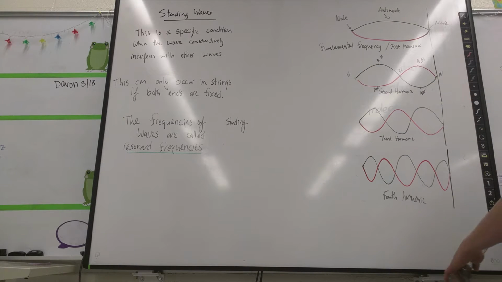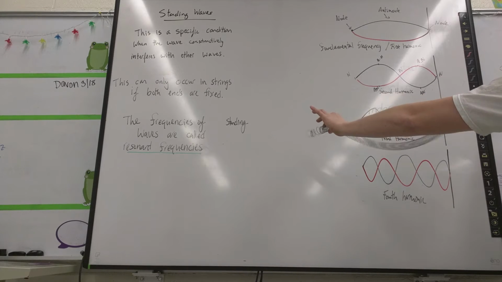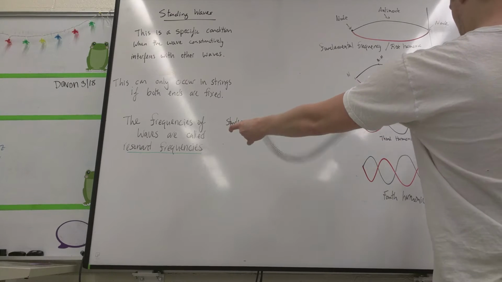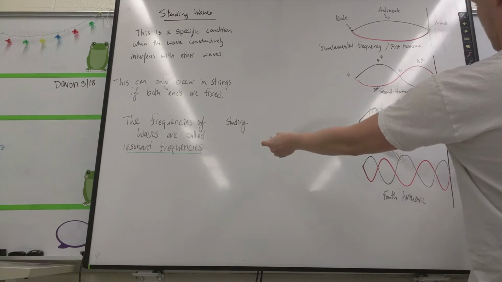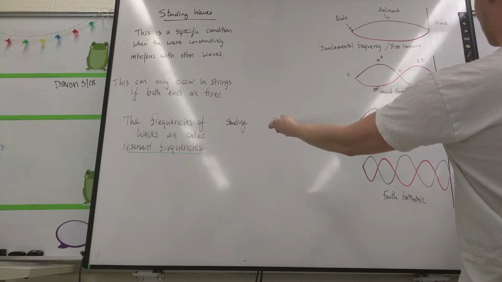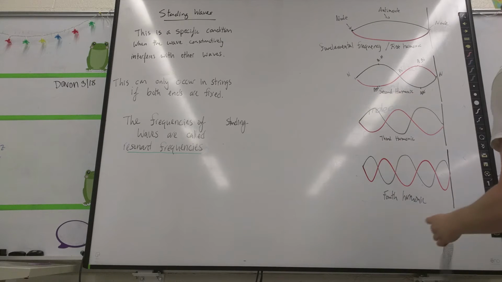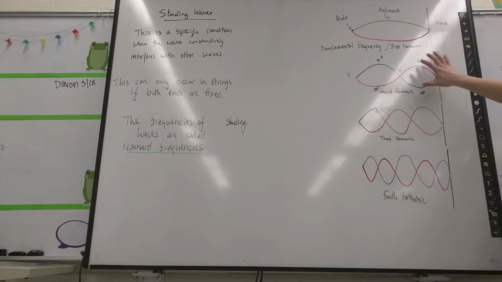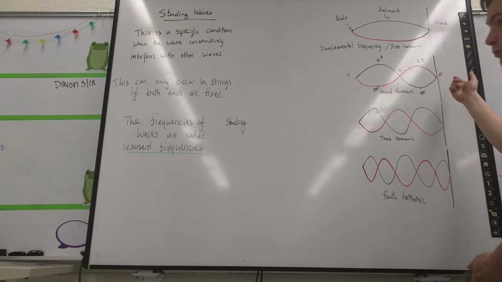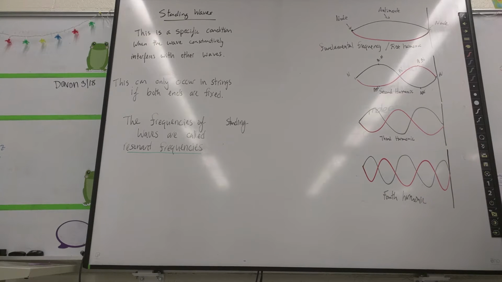Then we could oscillate it at a bit of a faster rate, a higher frequency. Let's see if I can do this here. So something like that, where we get a full standing wave. Oh, I'm losing it because it's rotating as well. But you get the picture. We could get this scenario to play out if we fix both of our ends, and I'd have to oscillate this at a higher frequency.